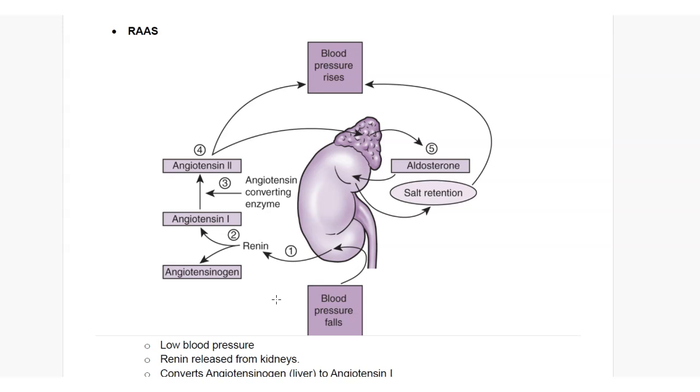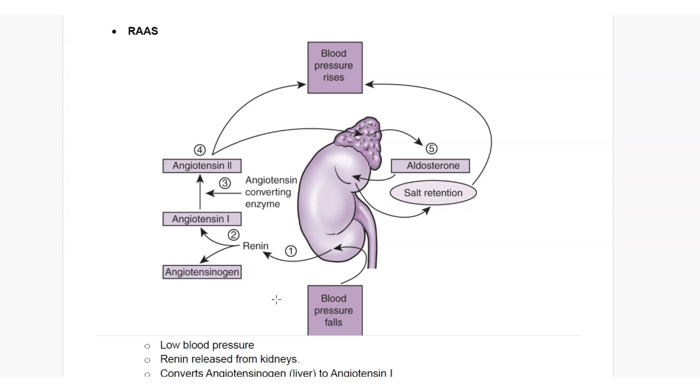converted by ACE into angiotensin 2. ACE is angiotensin converting enzyme, which is released from the lungs. Now, angiotensin 2 can directly cause an increase in blood pressure because it acts on the vessels directly, causing vasoconstriction.